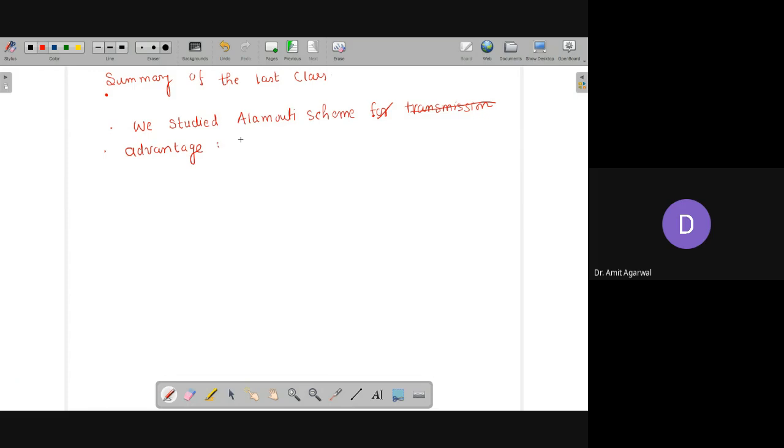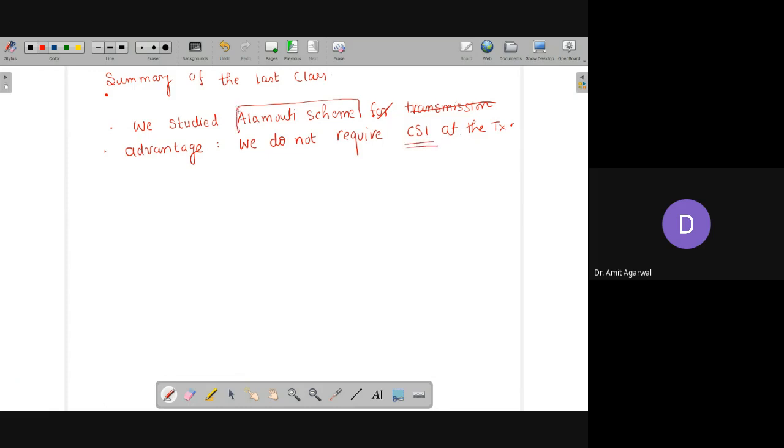We do not require CSI at the transmitter. So that is why the Alamouti scheme is preferable, because it does not require the channel state information.